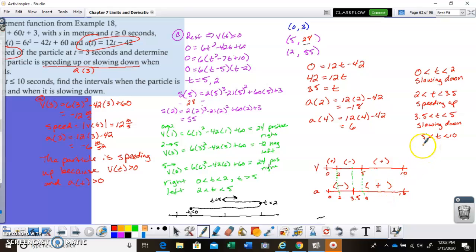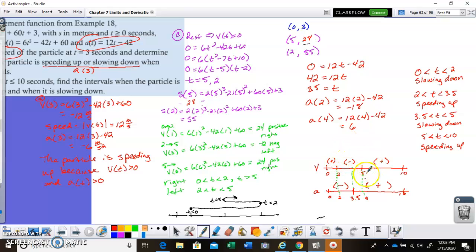They match, which means that it's speeding up. Now, you could have written the two speeding ups as this interval and this interval, and slowing down with this interval and this interval. I find it helpful to do it in the order that the numbers show up on my number line.